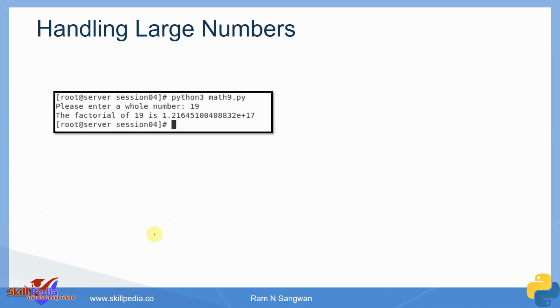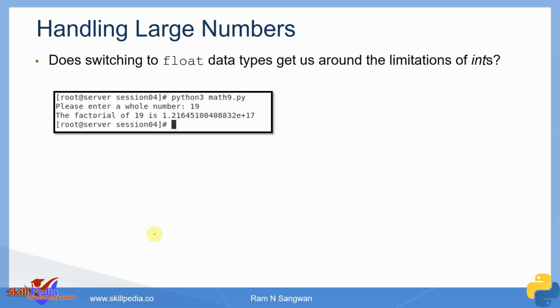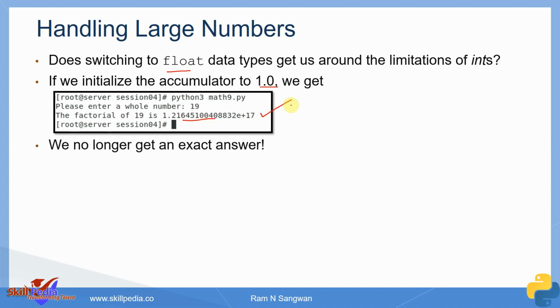But our 100 factorial is much larger than this number. How does it work? When I changed the value to float in that program, that gave me an approximate value. You saw that value while executing the program. If we initialize the accumulator to 1.0, we get this value. We no longer get an exact answer.